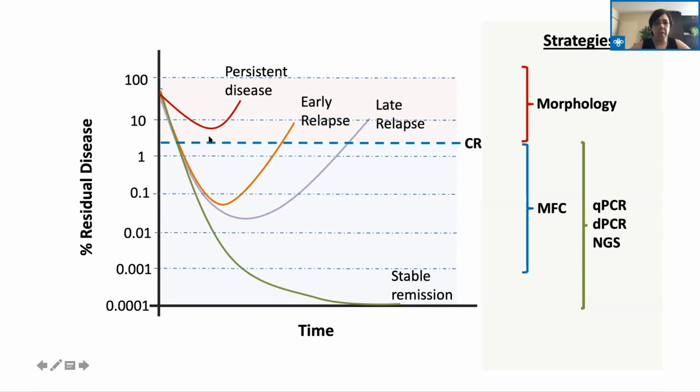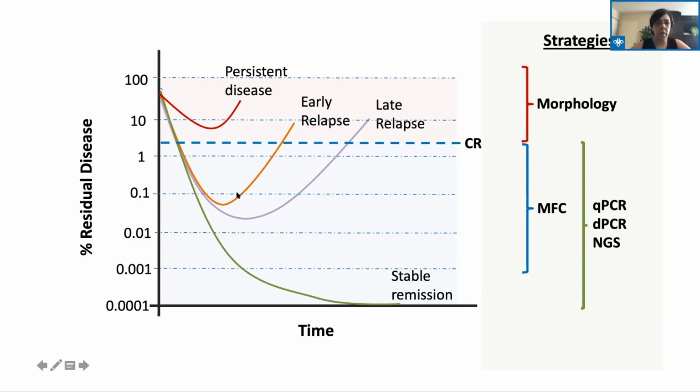If you use other methods such as flow cytometry, qPCR, digital PCR, or NGS, your relapse risk will depend on how deep you make that assessment and how much disease you can actually measure. So if your method is only able to look at a molecule anywhere between 1 in 100 to 1 in 1,000, we are more likely to get early relapse.